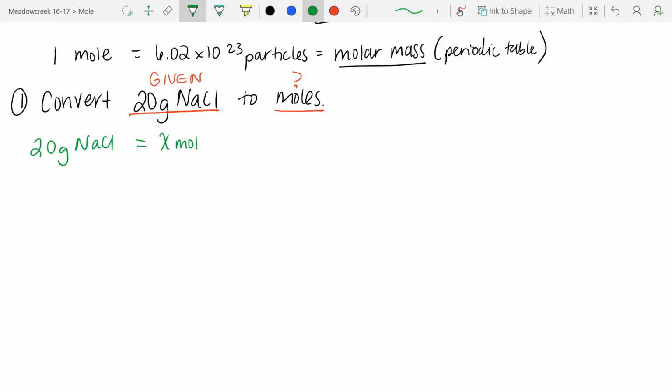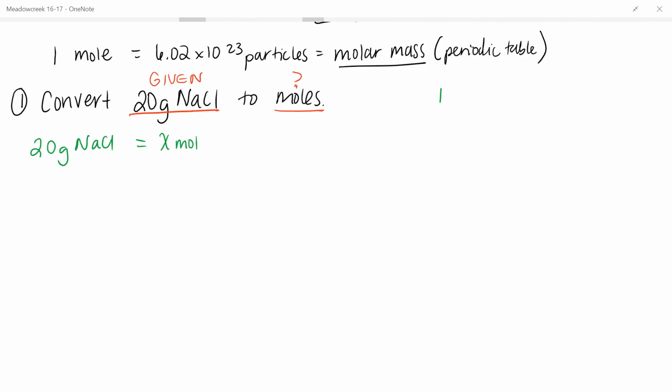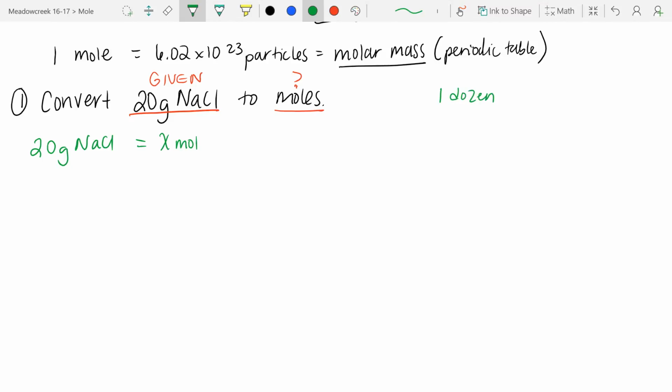In the same way that you can write 1 dozen is equal to 12 eggs, right? We know that. You could say, well, 12 dozen would be equal to how many eggs? It's a similar concept, just with moles and grams and particles and some new units that aren't quite as familiar to us as dozens or feet or inches.